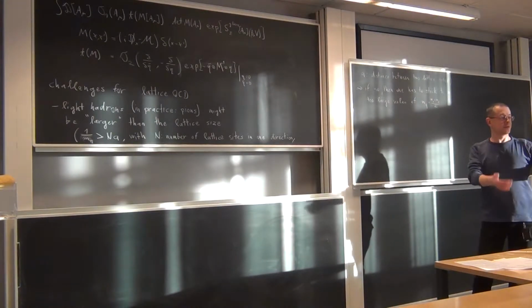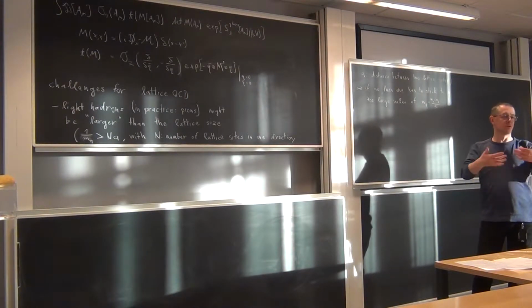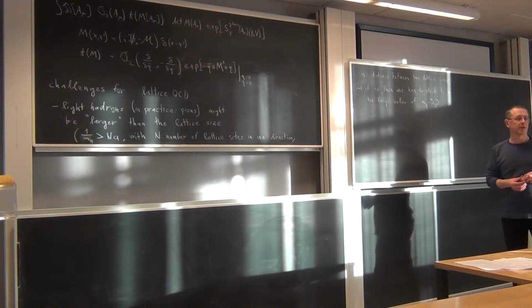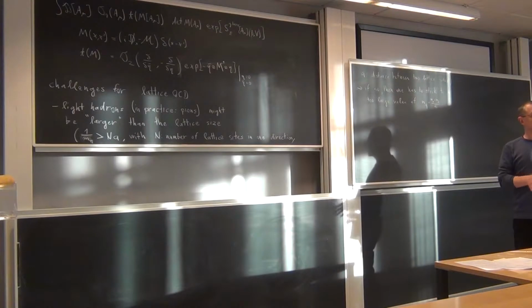When we understand that the pions are actually Goldstone bosons of chiral symmetry, which means they would be massless if the up and down quark masses were zero, and if they are not zero, then they obtain a mass.